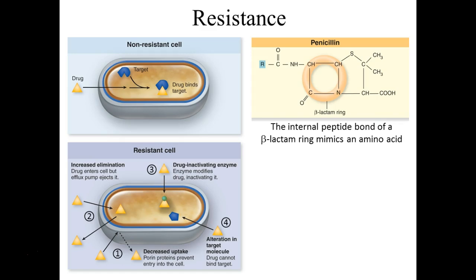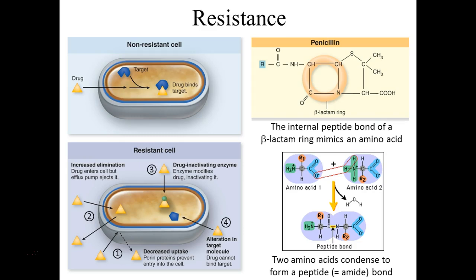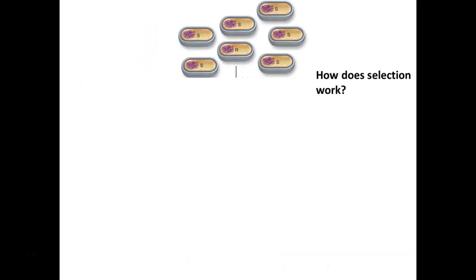So if they mutate, such that now the drug can no longer bind to the target, it's not going to be effective. I don't remember why Peter put that in there, so that's just binding of amino acids.